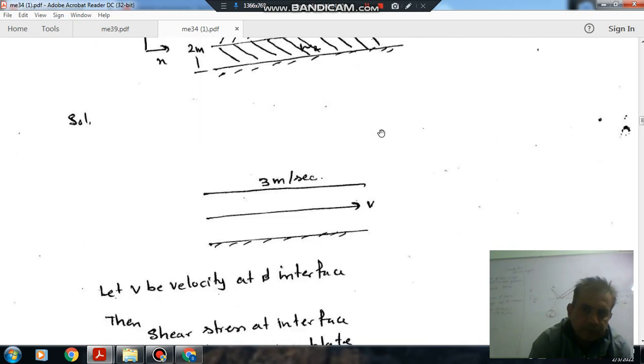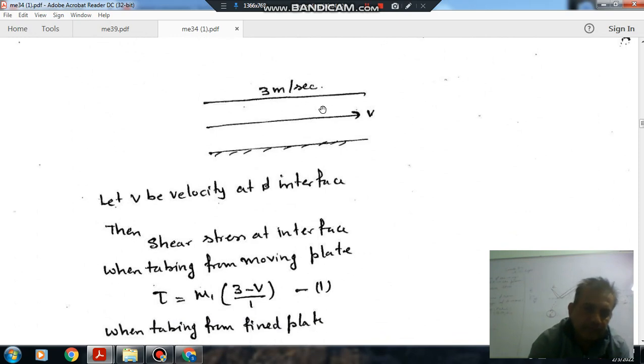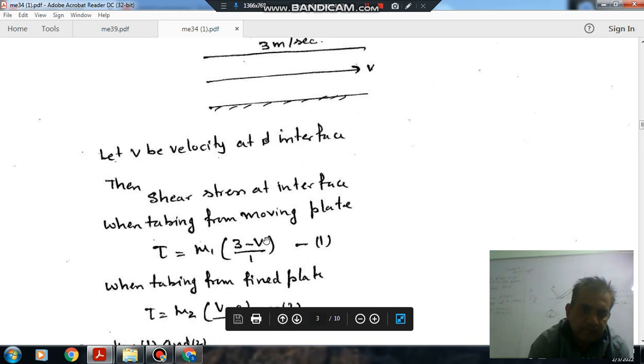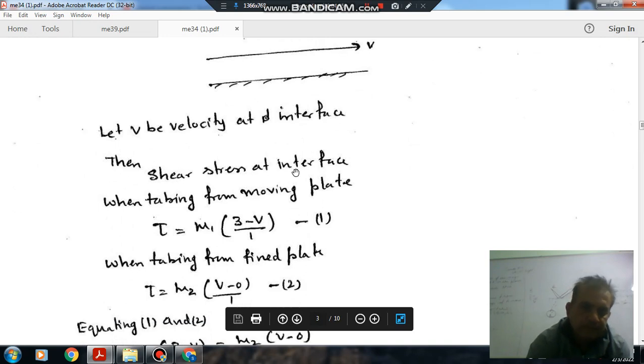By applying Newton's law on this portion, we have velocity of plate 3 meters per second and velocity of interface V. Here the fluid is fluid one, so the shear stress is mu1 into (3 minus V) by 1. That is tau.